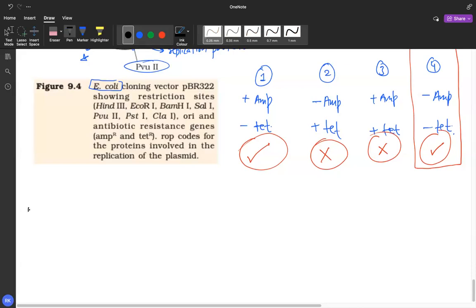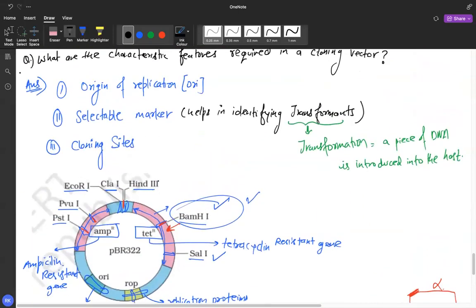You understood what I'm saying, everyone? Yes, sir. But what we are inactivating in the above method is an antibiotic resistant property.